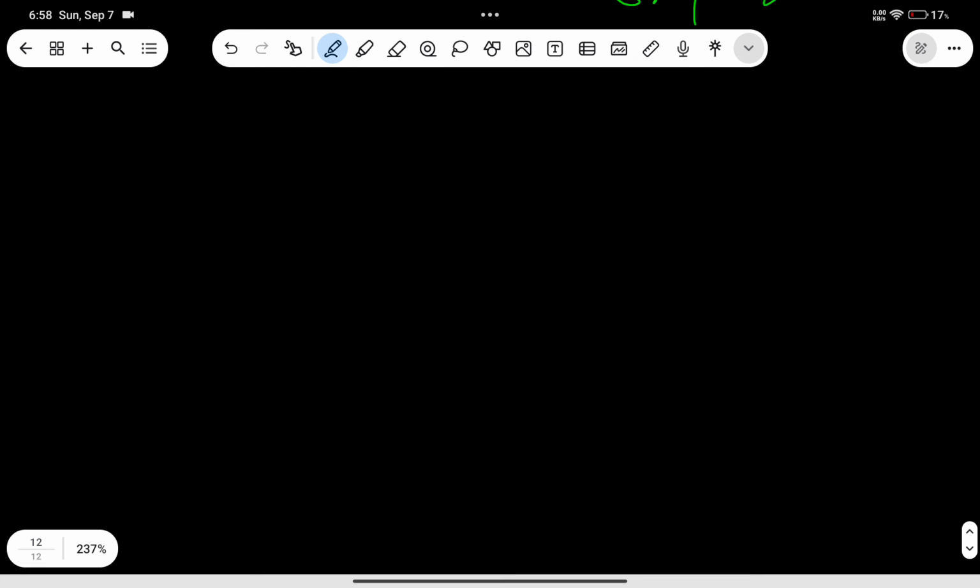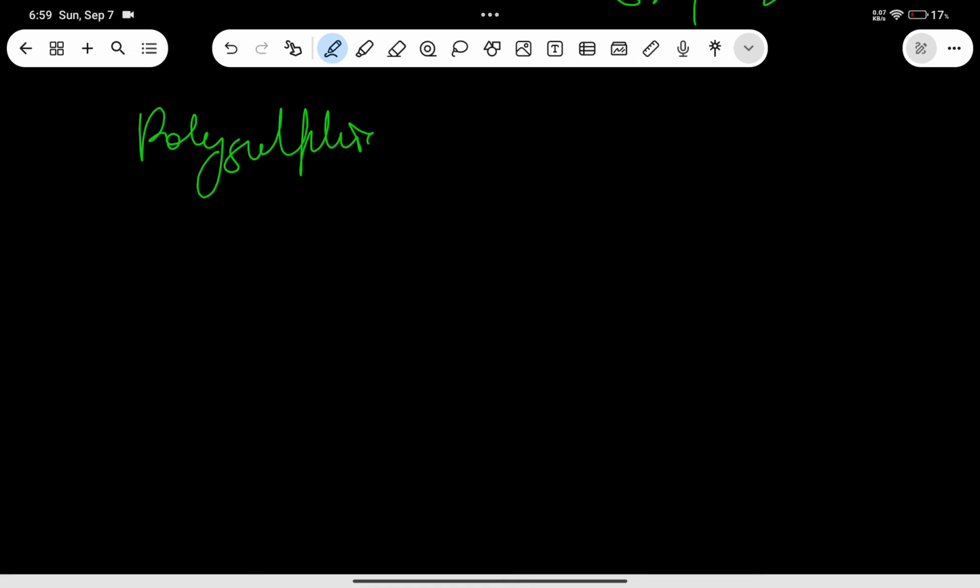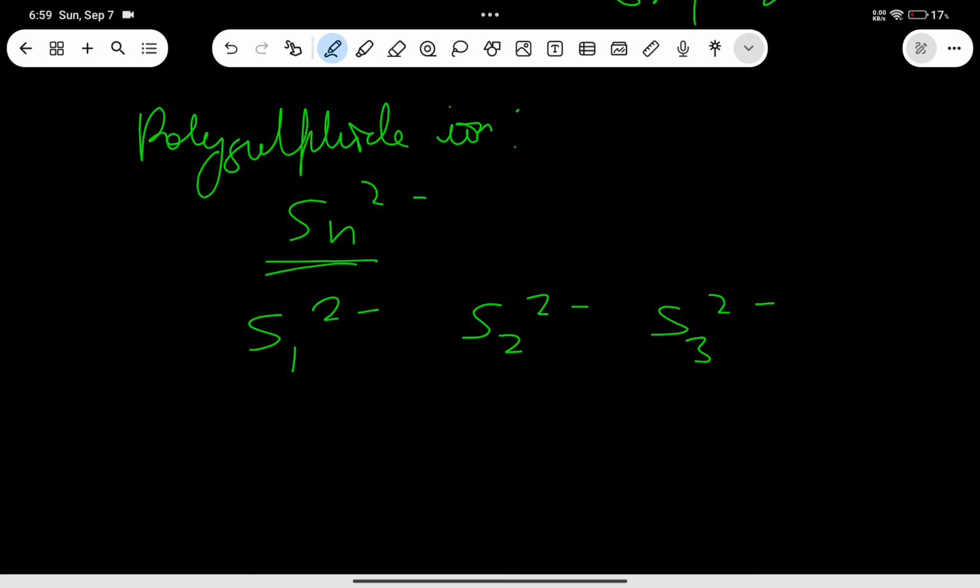Alright, one more thing: there is something called the polysulfide ion. Polysulfide ion is basically Sn 2 minus, like S 2 minus, S2 2 minus, S3 2 minus. The first is simply called sulfide ion, this is called disulfide.